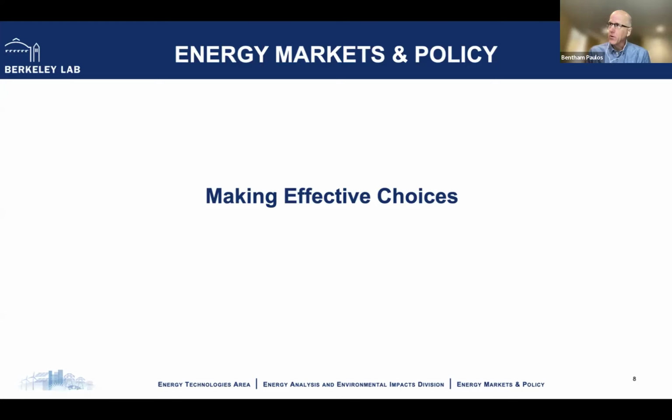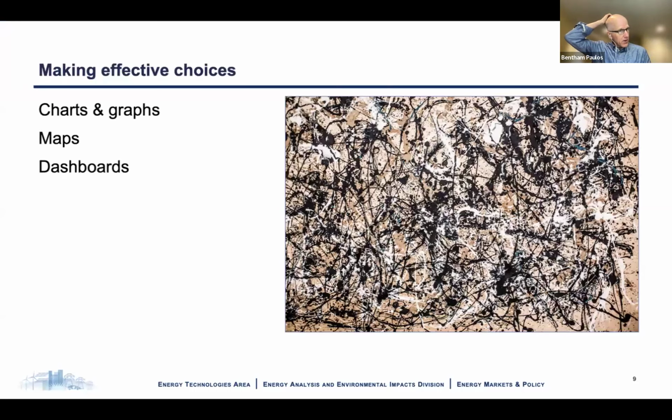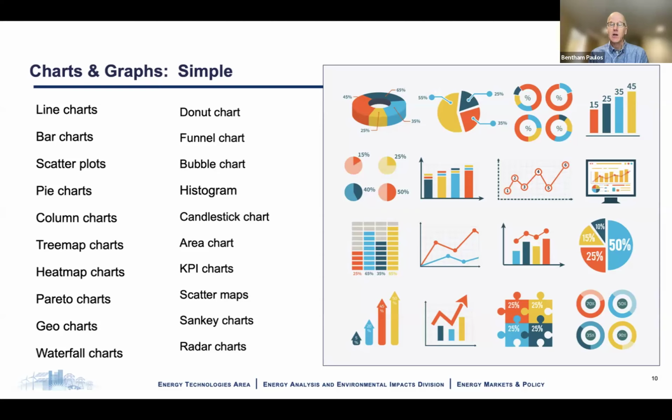In this section, making effective choices, we're going to talk about some best practices, especially around some of the most common forms of data visualization: charts and graphs, maps, and dashboards, which bring together a lot of elements. There are many charts and graphs, and I'm sure you're familiar with a lot of them.